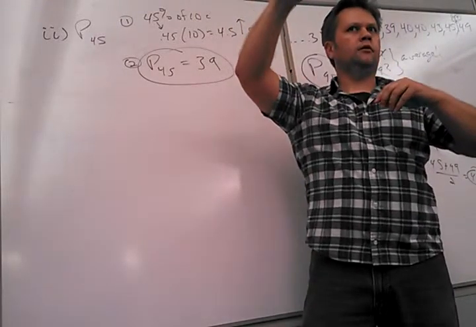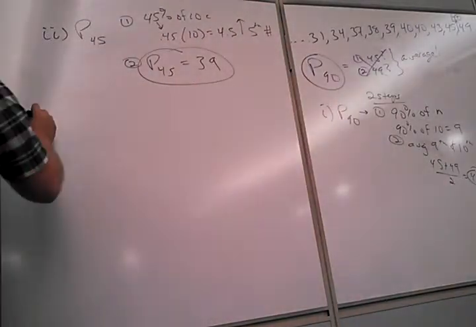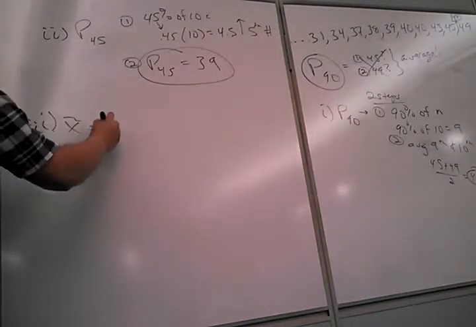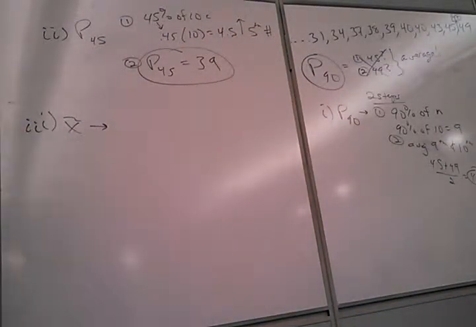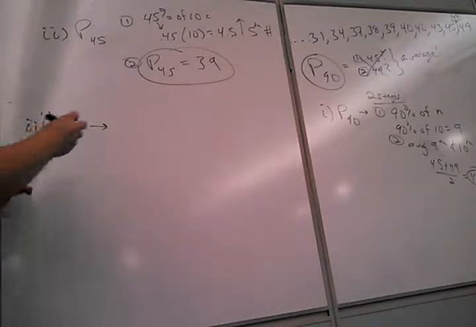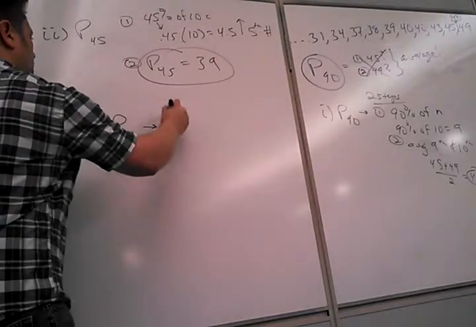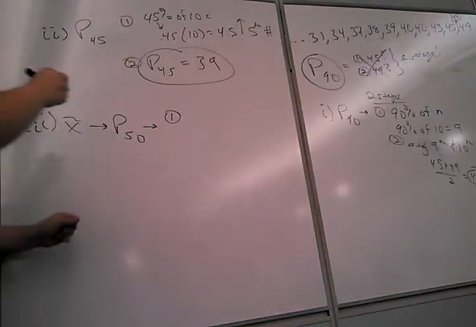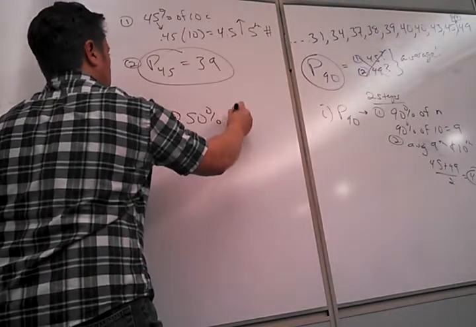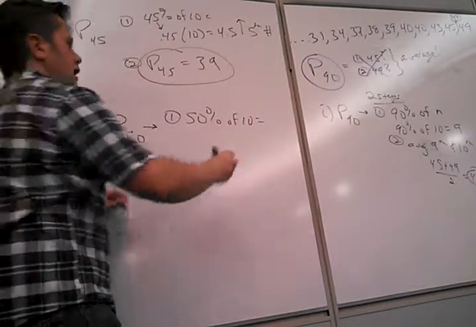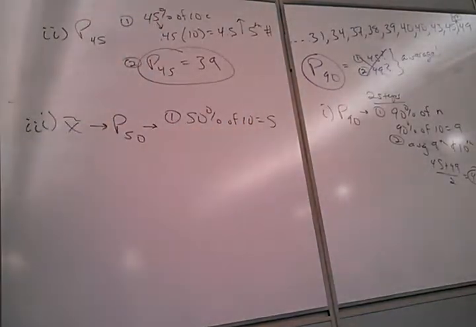I like it. So if I want to find the median, how would I make that work look more like a percentile? 50th percentile? So my first step would be 50% of 10, which is 5. That's a whole number, so what do I have to do? Average.